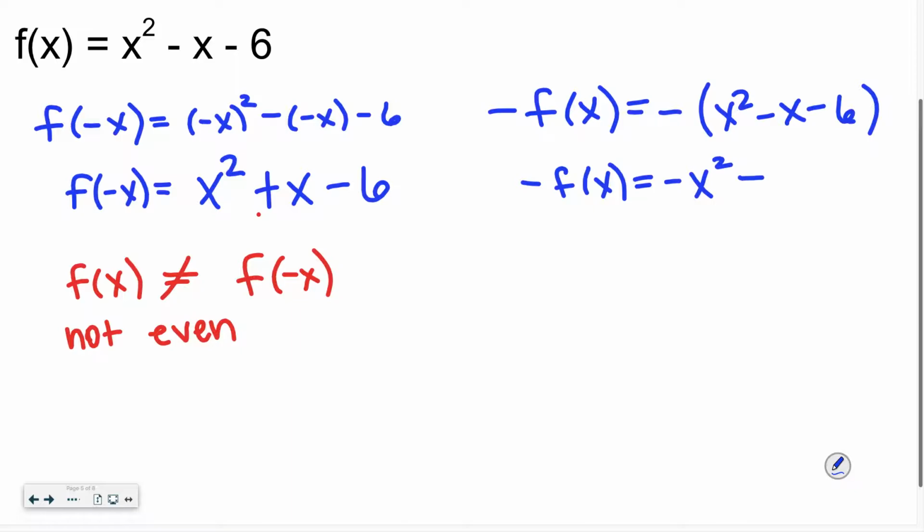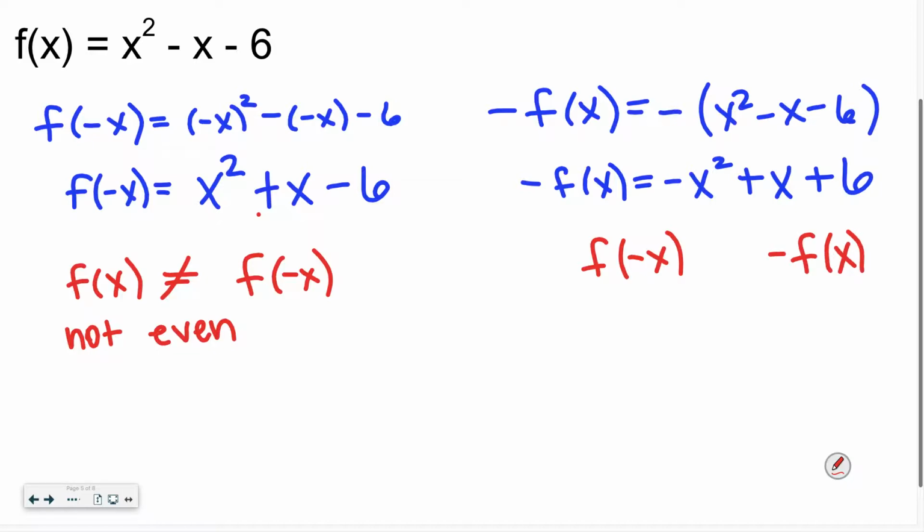So we get negative x squared plus x plus 6. It changes all the signs. Now for an odd function, we need to determine if f of negative x is the same as negative f of x.